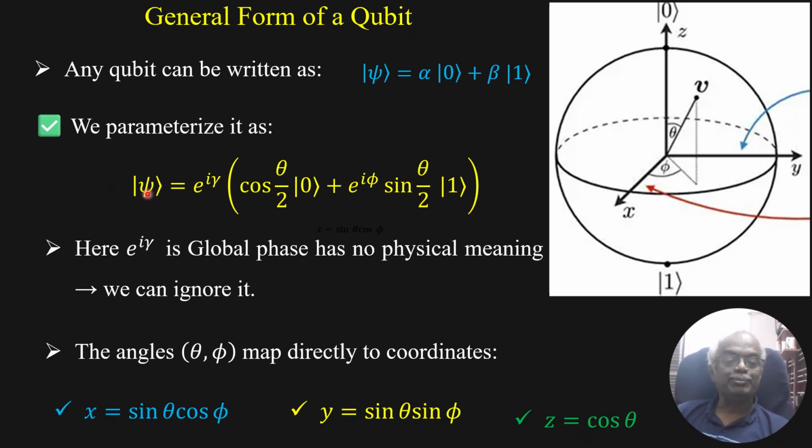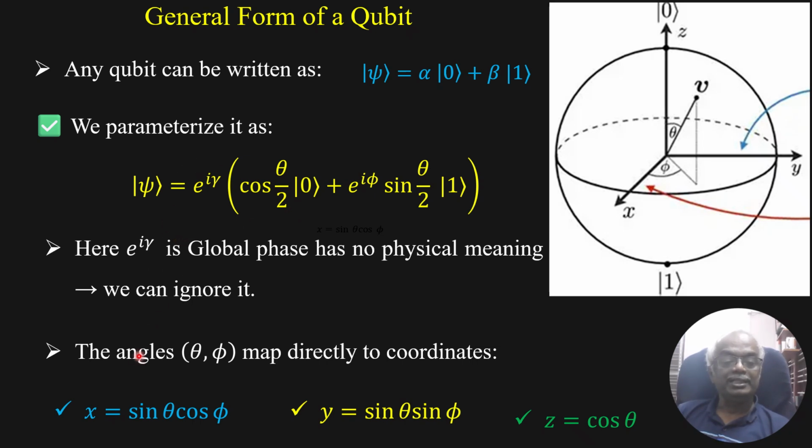I will explain it in detail in lecture notes for the members and I will upload them. Here, e^(iγ) is a global phase. e^(iγ) is a global phase, has no physical meaning, so we can ignore this.